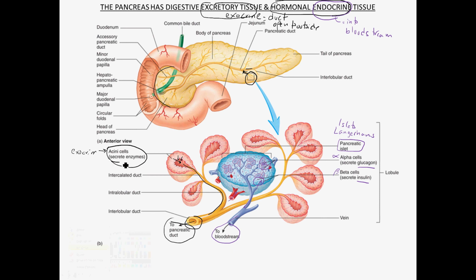They are secreting the enzymes that are going to be digesting carbs, that are going to be digesting proteins, and that will be helping to digest lipids or fats. Right? And so again, these exocrine cells are the ones that are directly involved with the chemical digestion in the duodenum.